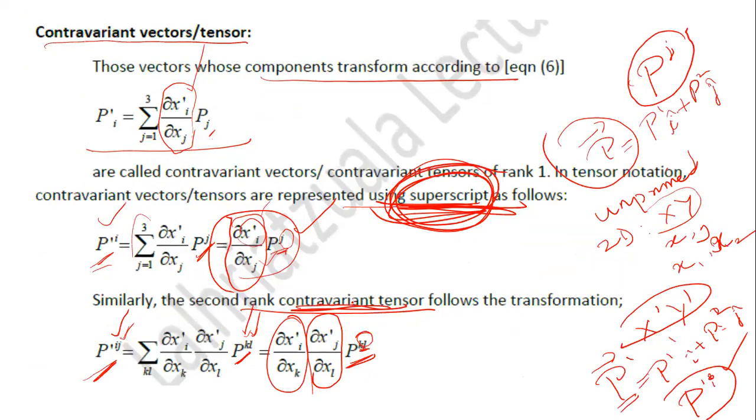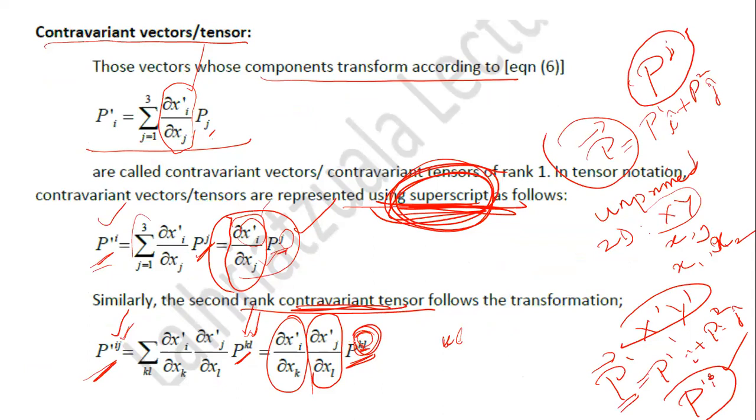So in contravariant tensors, if we have a contravariant tensor of rank 2, it means the two indices representing the quantity in unprimed are k and l. KL. If you put them in the superscript, then that shows that this quantity is a contravariant tensor.